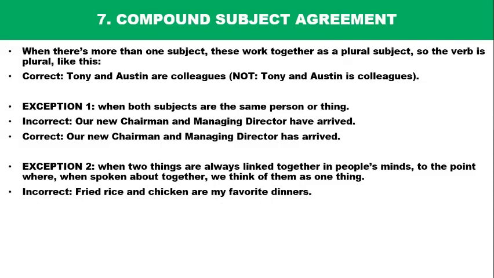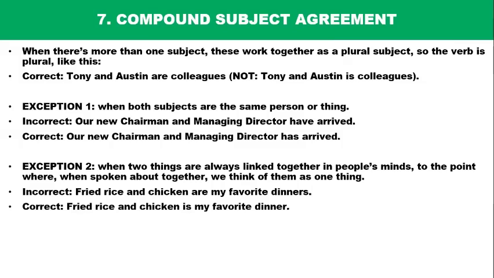For example, fried rice and chicken are my favorite dinners is incorrect, because fried rice and chicken refers to the same dish. They are not two different items. Okay. So you can see here that the correct thing is fried rice and chicken is my favorite dinner.